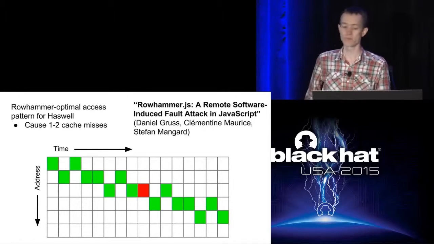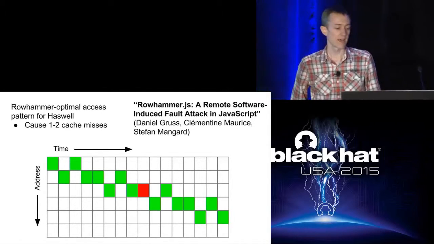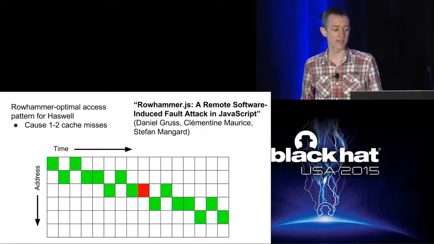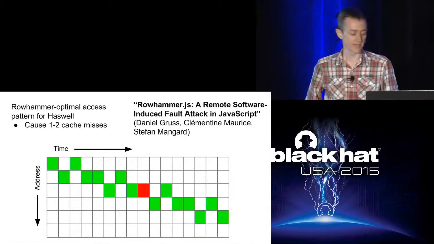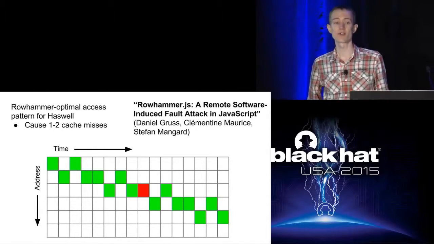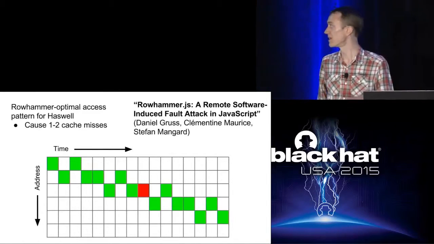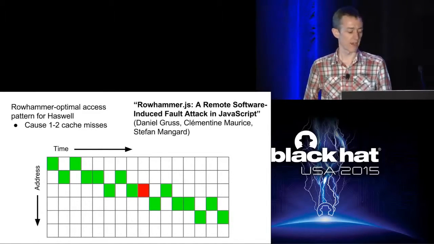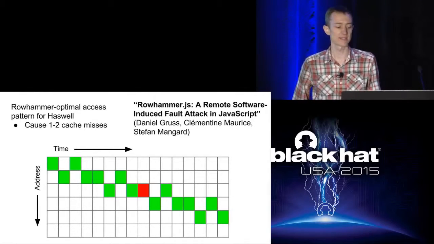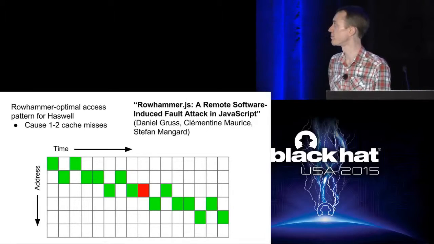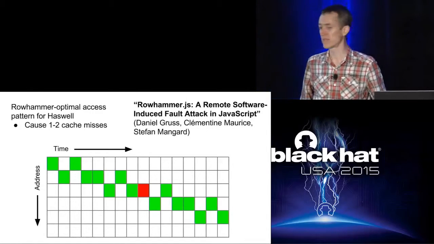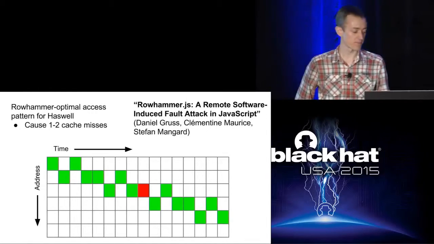Well, in the last 2 weeks, a group from Austria and France have published a draft paper about how to do this. They've got a clever algorithm for finding the right ordering of memory accesses that even works on newer CPUs like Haswell, where the cache eviction policy is quite complex, and it can generate an optimal set of cache misses.